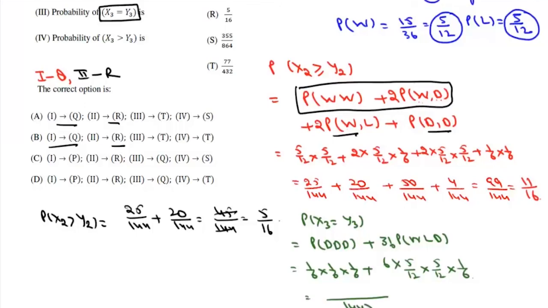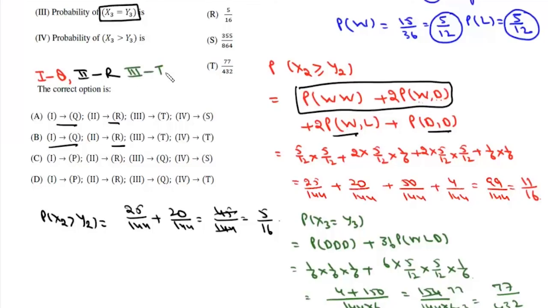Now this is 144 into 6, and this is 4 plus 150, so it will be 154 upon 144 into 6. Now this is 77 and this is 3, so it will be 77 upon 432. That means this third one matches with T.